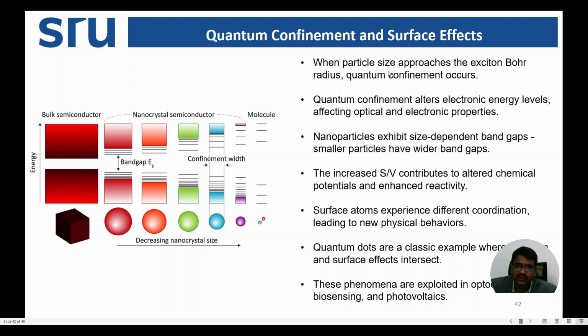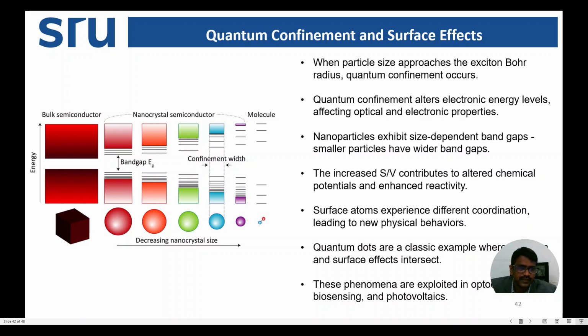When particle size approaches the exciton Bohr radius, quantum confinement occurs. So at what size does this quantum confinement come into the picture? See here, when particle size approaches the exciton Bohr radius, quantum confinement occurs. What is Bohr radius?